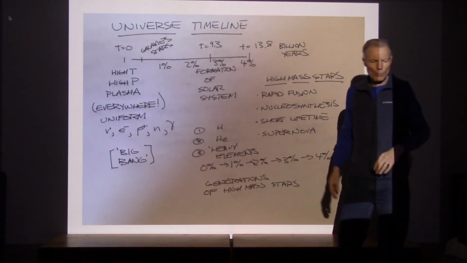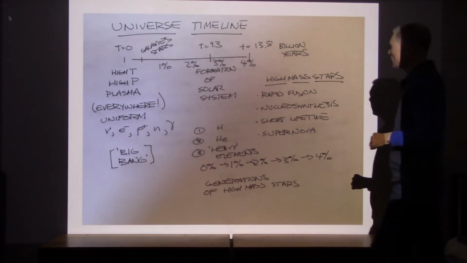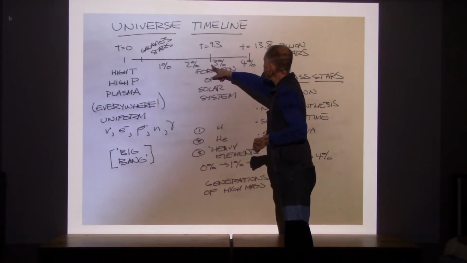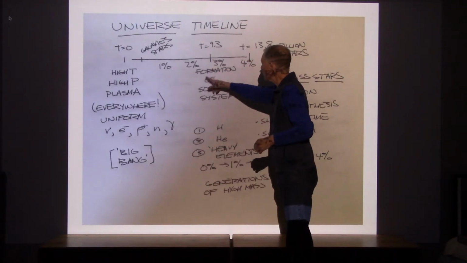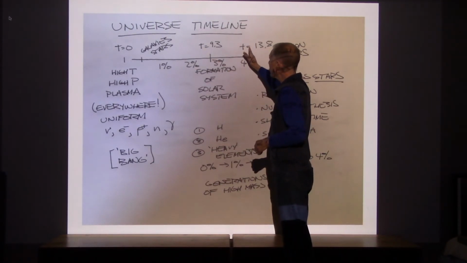Now, the formation of our solar system was about 9.3 billion years into this. So the solar system formed about here. This is today.